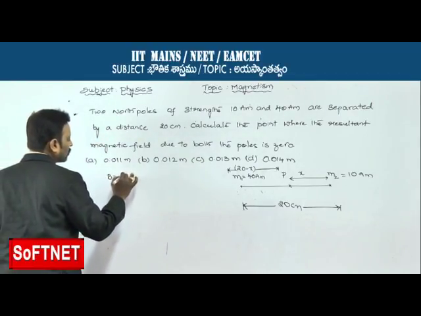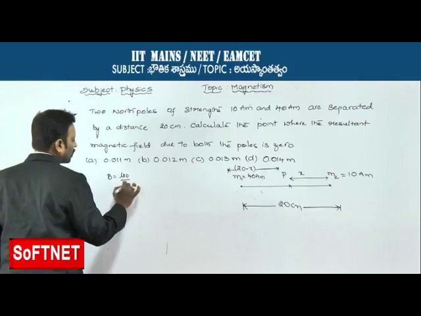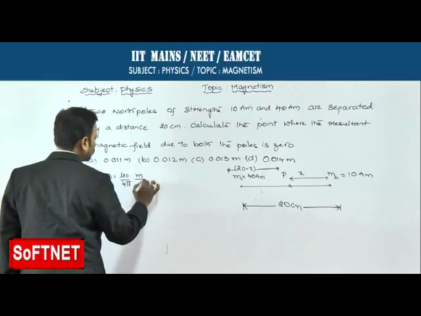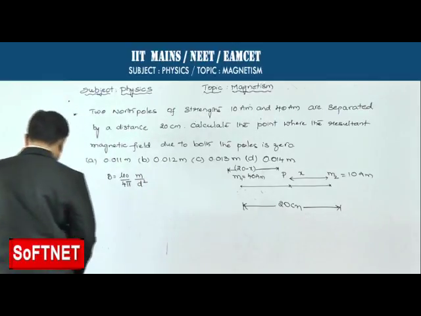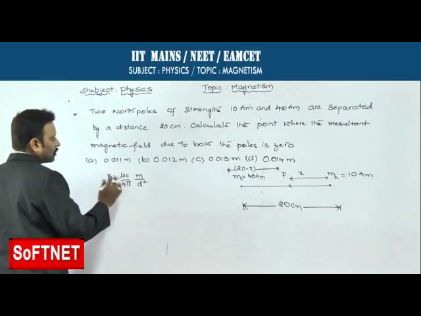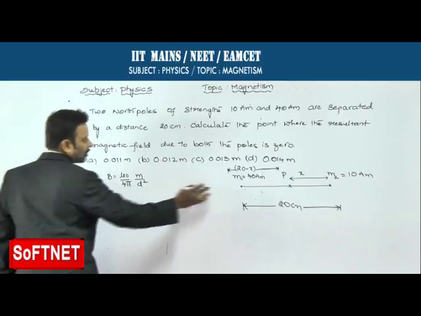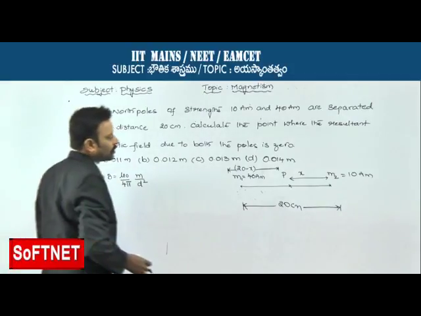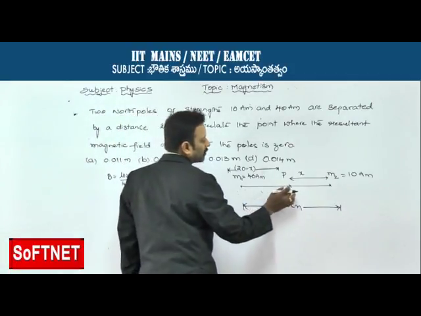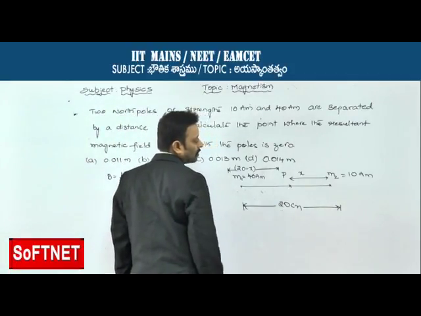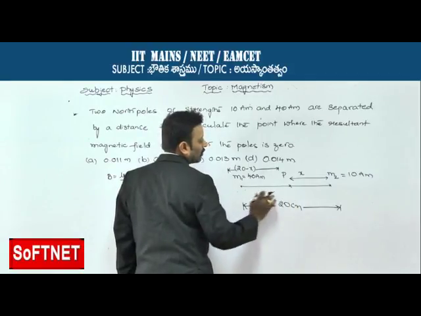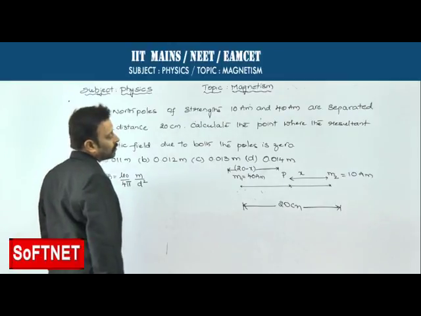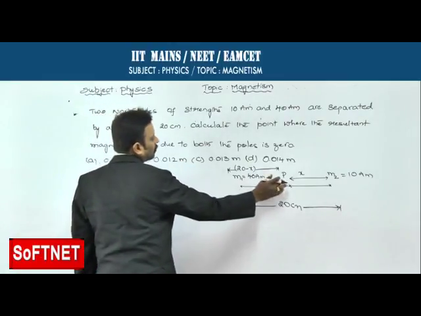B is equal to mu naught by 4 pi into m by d square. Now, the magnetic induction at point P due to the first pole and that due to the second pole are equal in magnitude and opposite in direction, so they cancel each other. That point P is called the null point.